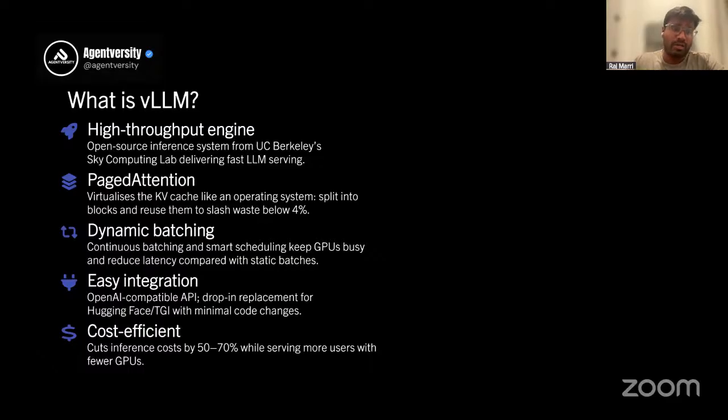You can use that out of the box. You can actually make your LLM just work as any GPT model API. It's cost efficient as well, because it cuts the cost by 50 to 70%. It's a huge savings that you get with vLLM.